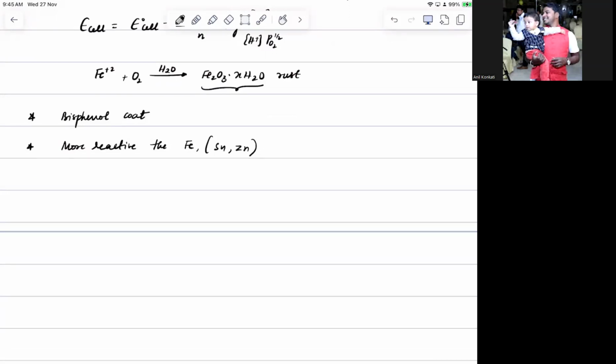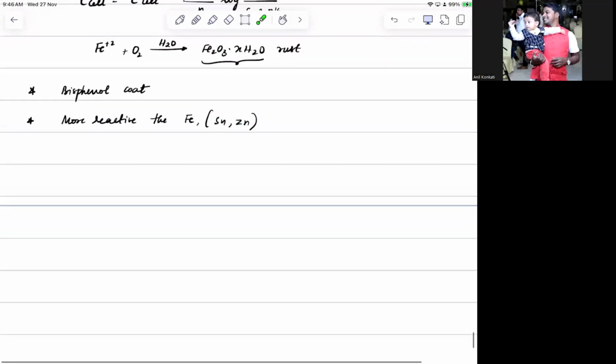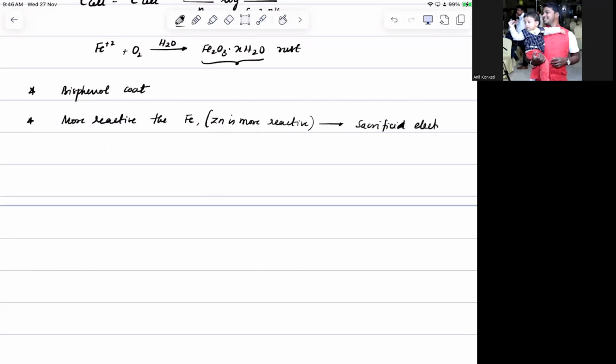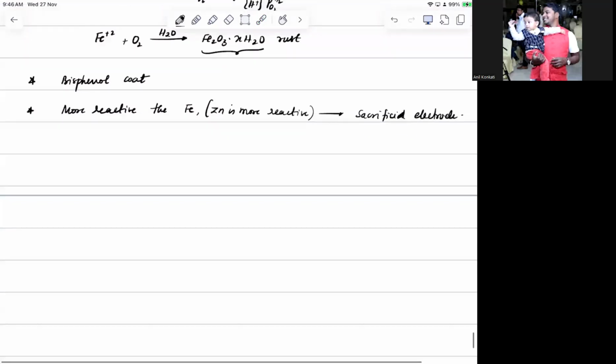Iron will remain the same, and zinc is more reactive. Sorry, not tin, I think only zinc. Zinc is more reactive, so that's why it will act like a sacrificial electrode.